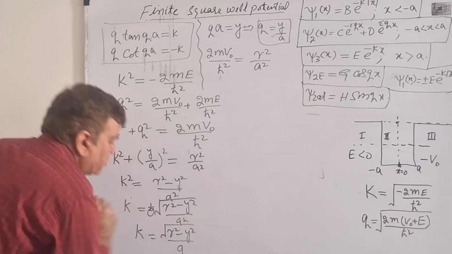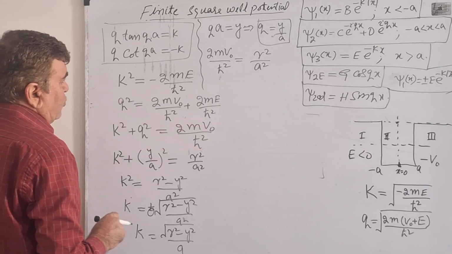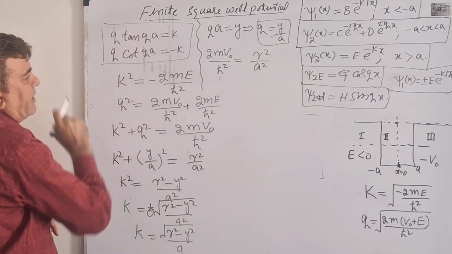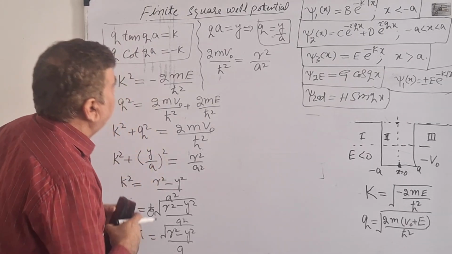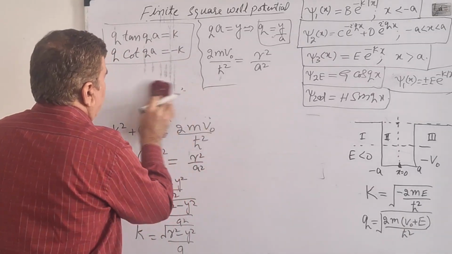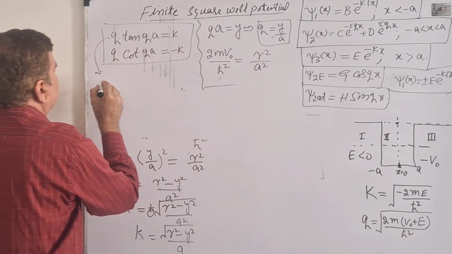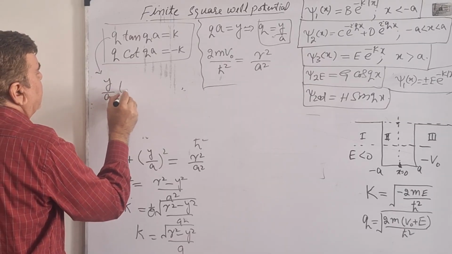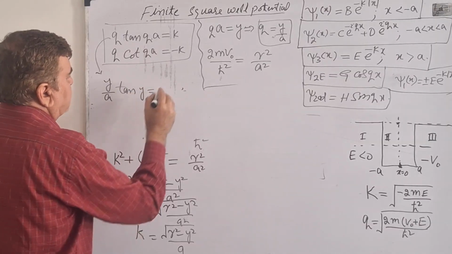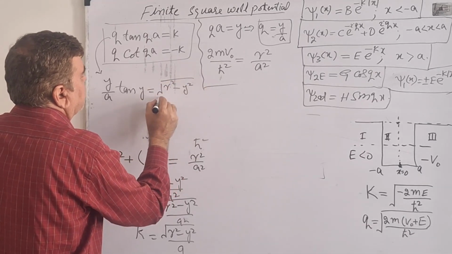Now, if I use the values of k and q in these equations, I can rewrite this equation in the form q equals y divided by a, tangent qa is tangent y, and this equals the square root of r squared minus y squared divided by a.